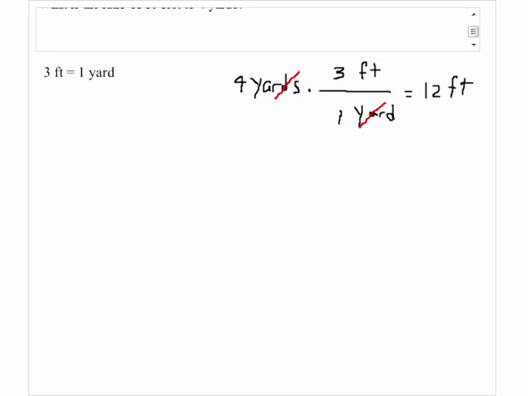And to write the ratio, we have 10 feet over, instead of writing 4 yards, now we're going to write 12 feet to have the same unit. So we have 10 over 12. We reduce that to 5/6.